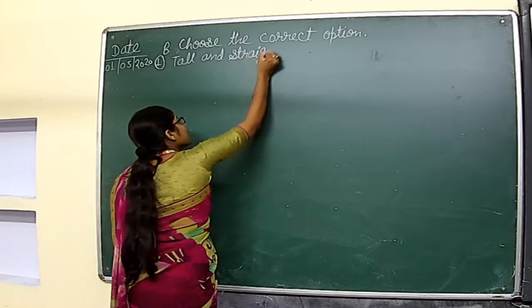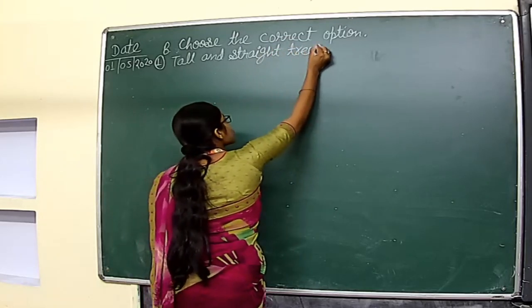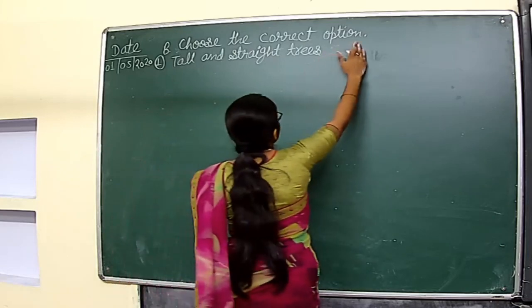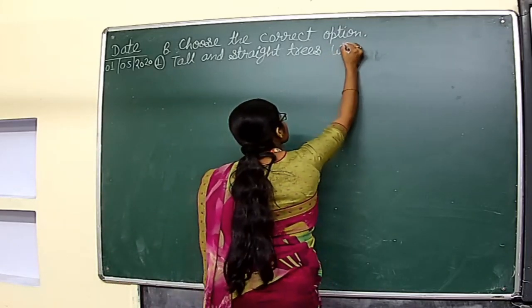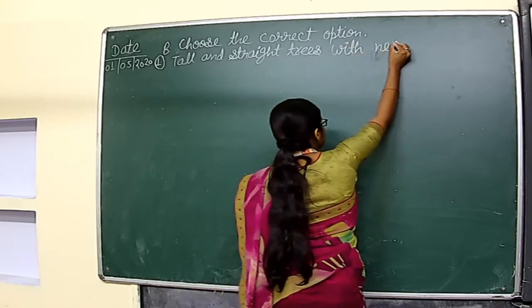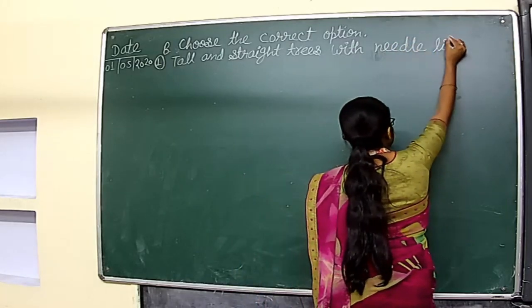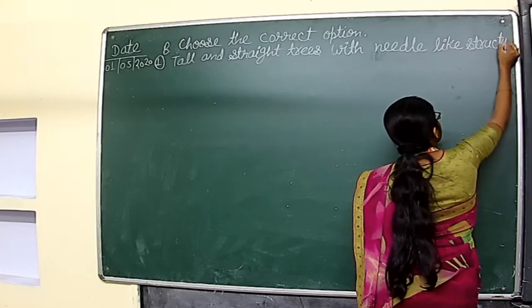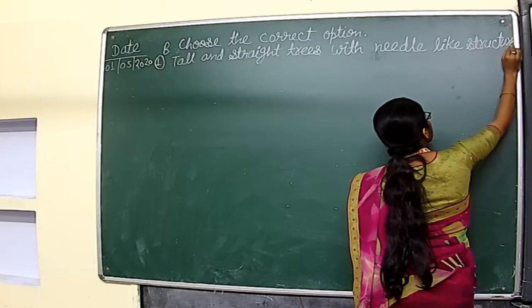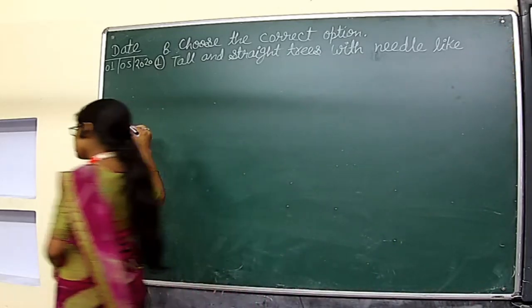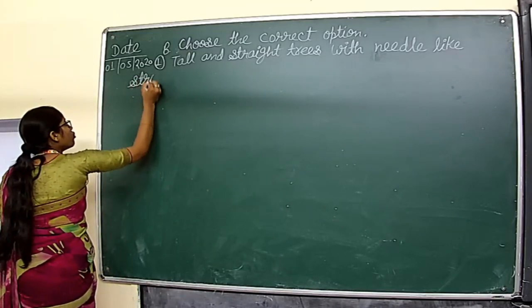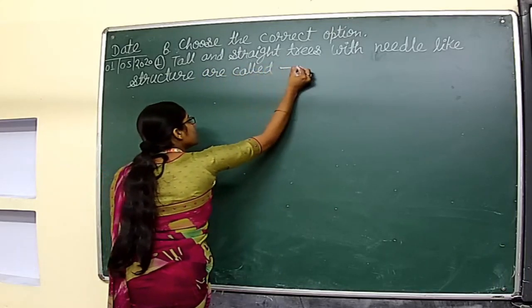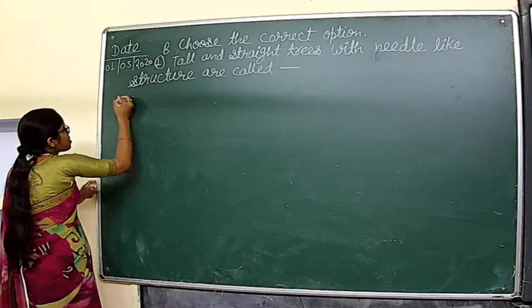Tall and straight trees with needle-like structure are called dash.